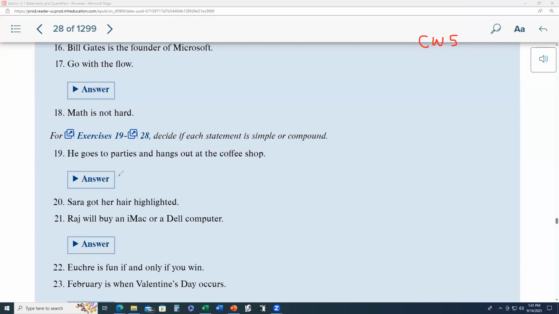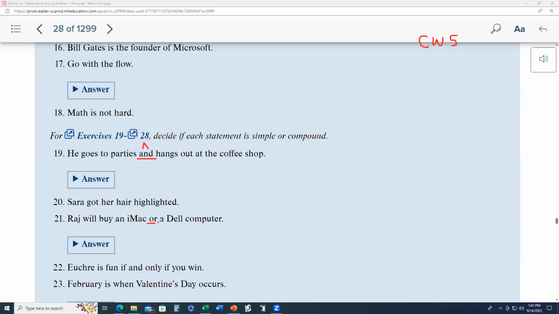You know, because of the "and," there's that connective word. Do you agree? Yeah. That's a compound statement. How about number 20? "Sarah got her hair highlighted." Simple statement. That's a simple statement. 21, "Raj will build an iMac or a Dell computer." Statement.